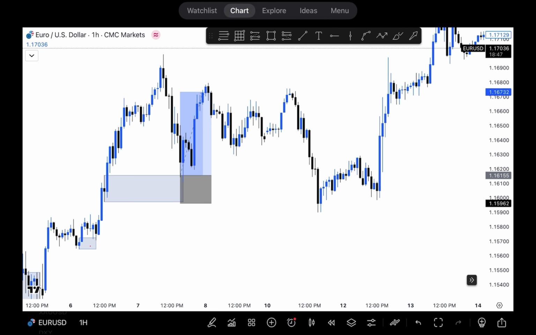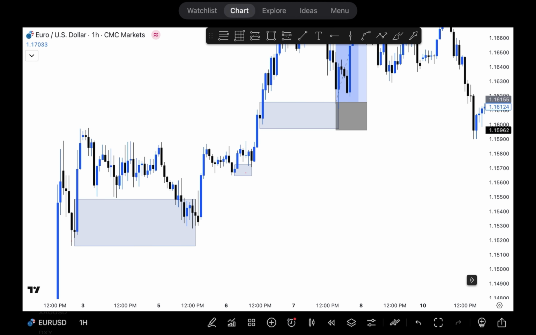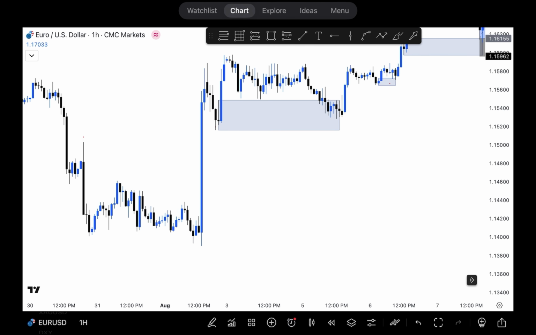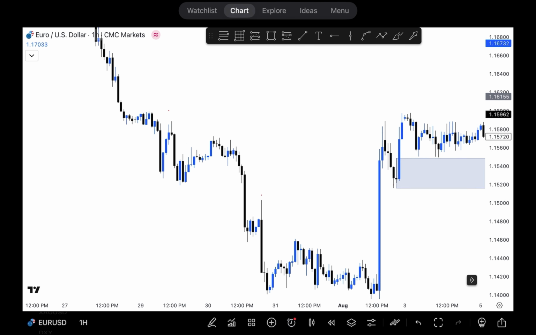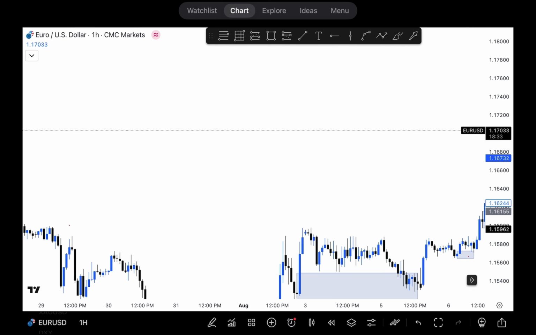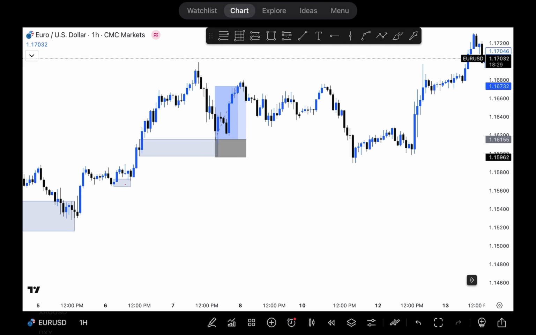So I think that is all in this. Let me try to look for another one. Yeah, so I think those are the ones I've been able to see. So that is how we are able to identify most of these candles.